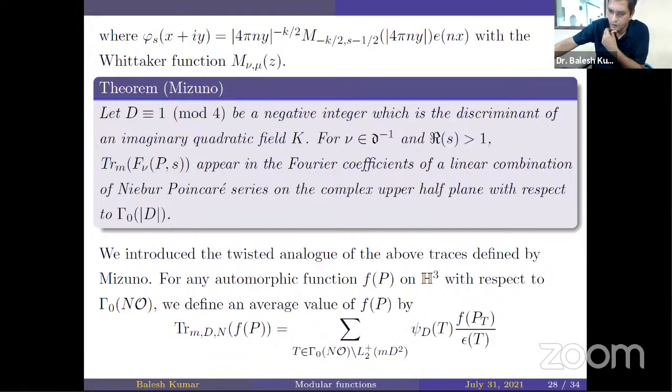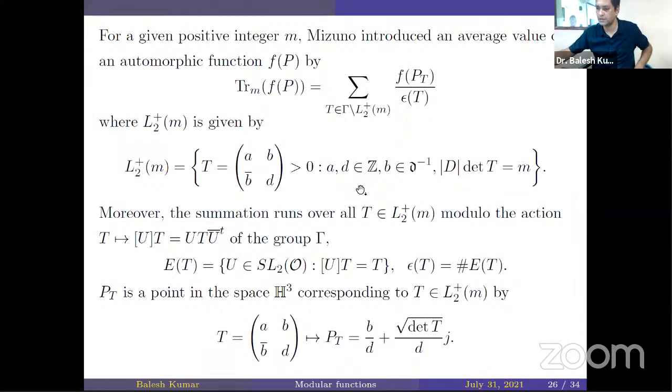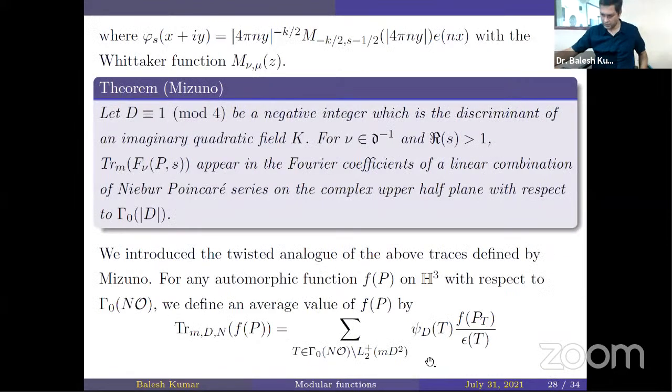Yeah, so this is the question, and in order to answer it, we introduced a twisted analog of the above trace. This psi d is essentially the Dirichlet character corresponding to the imaginary quadratic field.